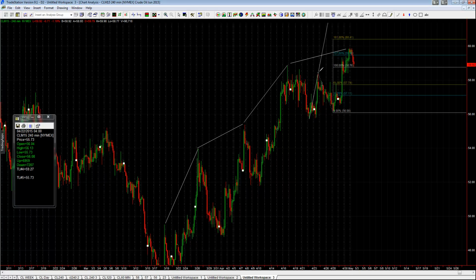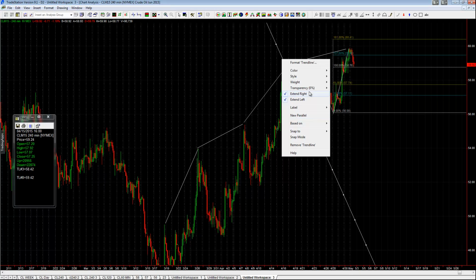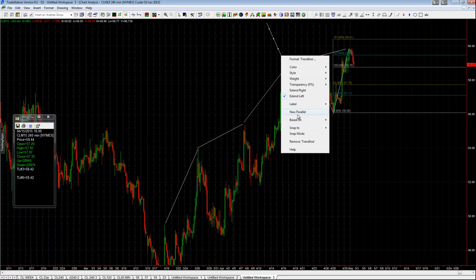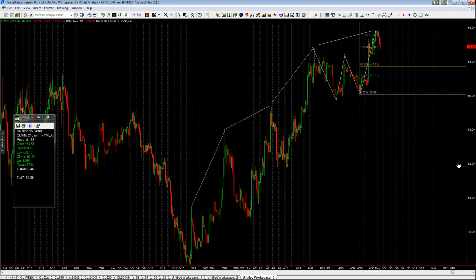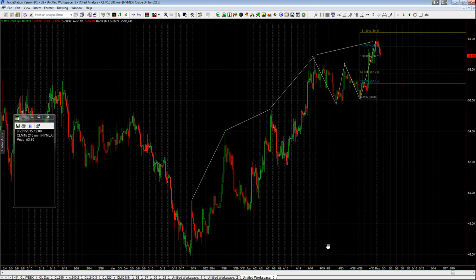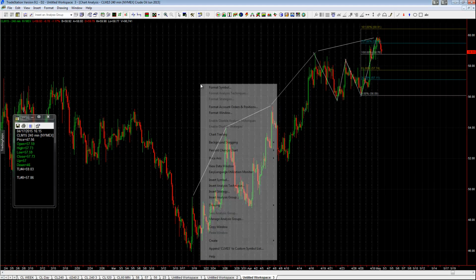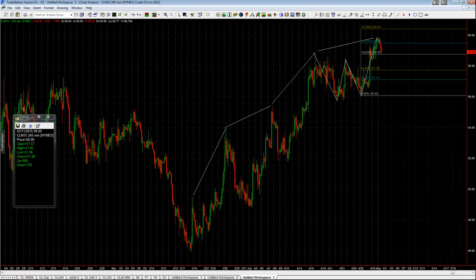So A, B to C, C to D, and this is the butterfly pattern. So we have multiple points there.